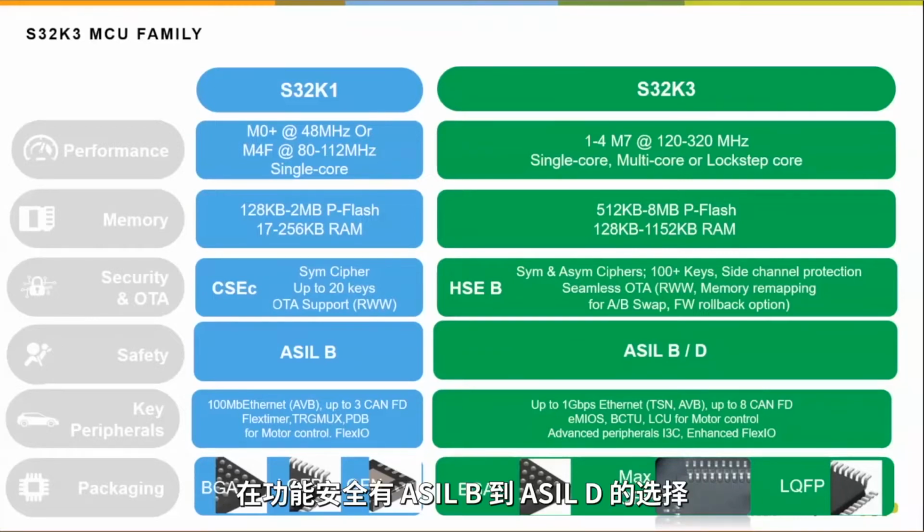On the safety side, there will be options from ASIL B up to ASIL level D, coming from the lockstep cores, of course, for ASIL level D, but there are also many other hardware safety mechanisms, for example, the ECC in the memories, built-in self-test for memory and logic, memory protection unit.